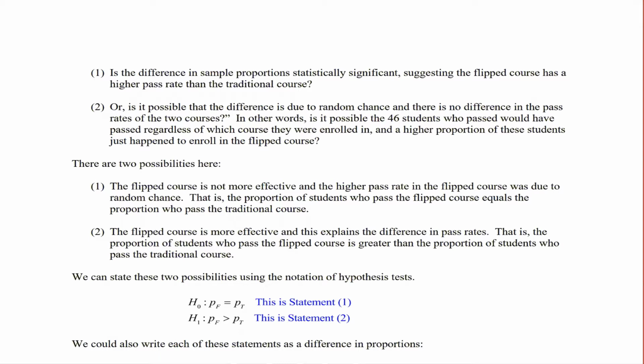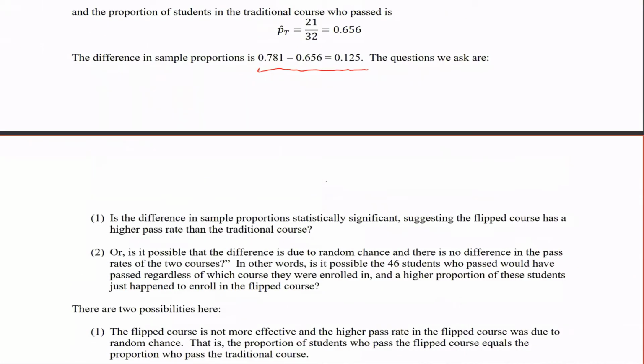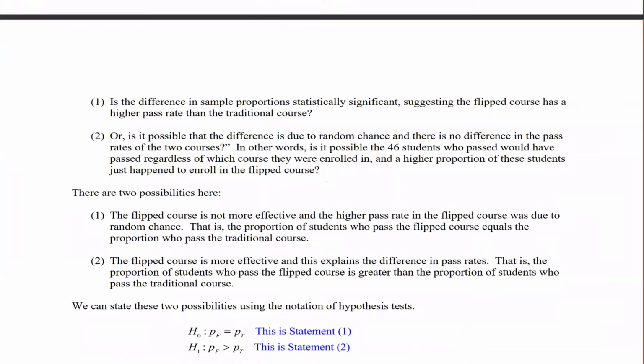The second possibility, the flipped course is more effective, and this is what is explaining that difference in pass rates, the difference of 0.781 versus 0.656. That difference is a result of the delivery mechanism. Flipped is a better model than traditional.